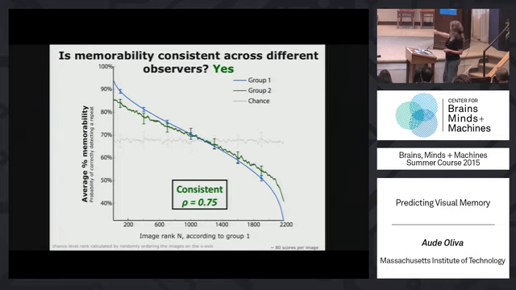On the x-axis, you have the image rank according to group number 1, so the images with the highest memory score, and I have a group of them that are above 90, and it's normal. Group number 1 in blue decreases as images are less and less memorable, so that's basically our ground truth curve.